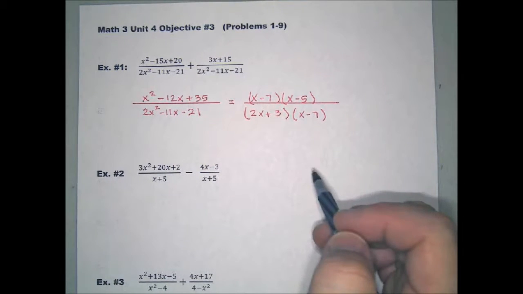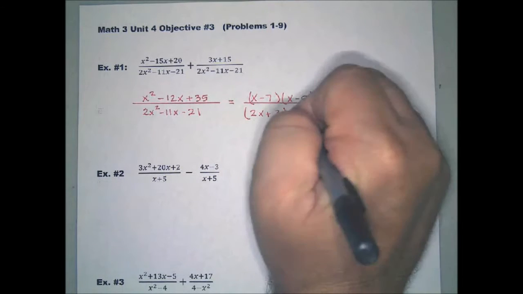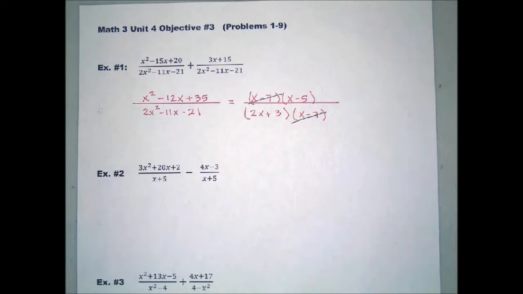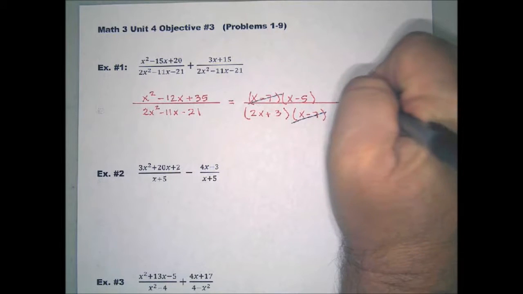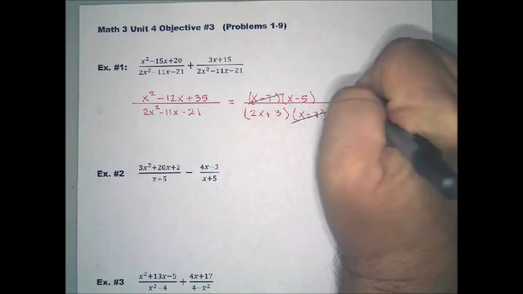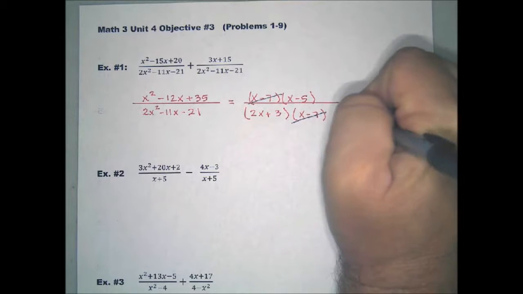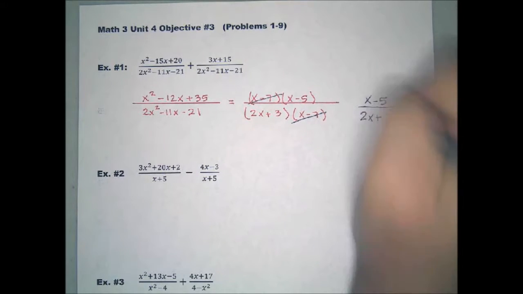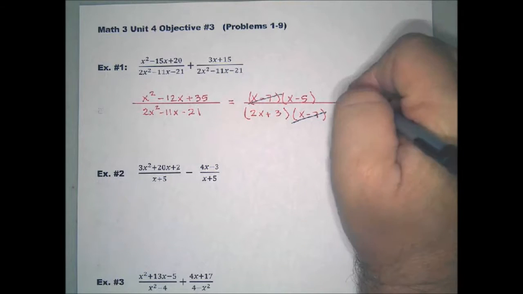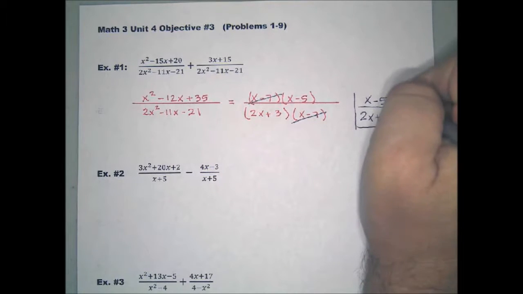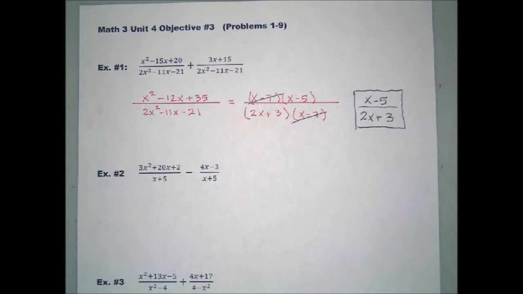So now that we've got it to this point, my x minus 7s can reduce each other, and I'm simply left with x minus 5 on the numerator over 2x plus 3 on the denominator. And there's my answer to that problem.